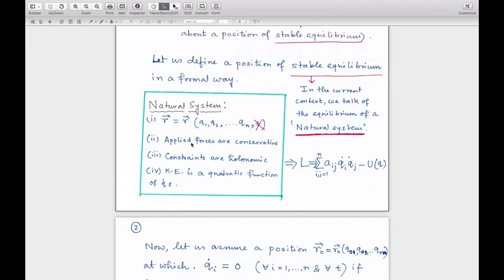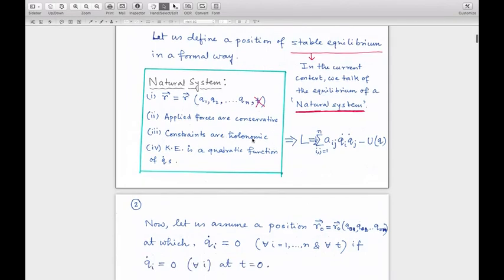Second, all the applied forces are conservative in nature. That does not say that there should not be any constraint force which is dissipative in nature. It is just saying that all the applied forces or body forces on the system are conservative in nature, let's say gravity, this type of thing.